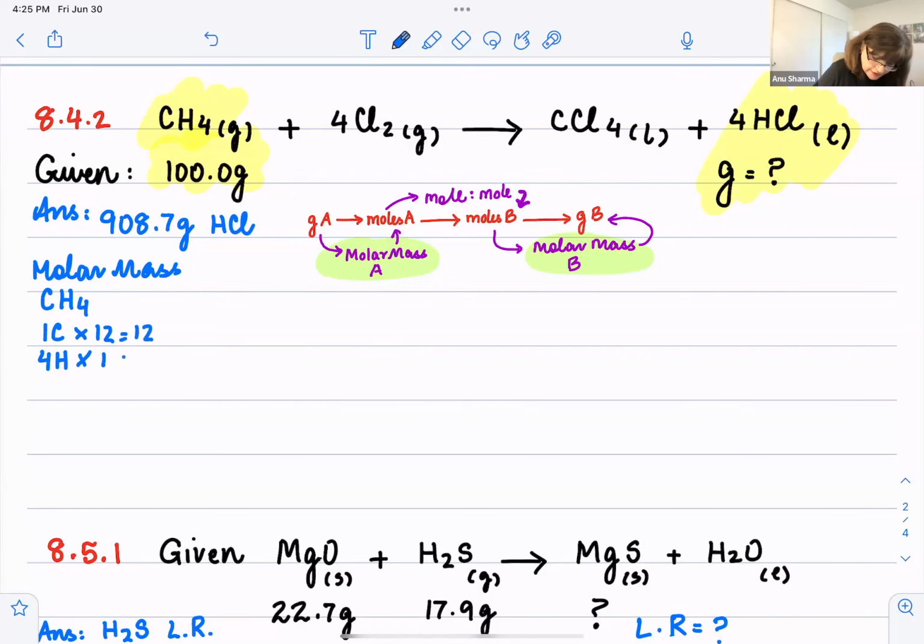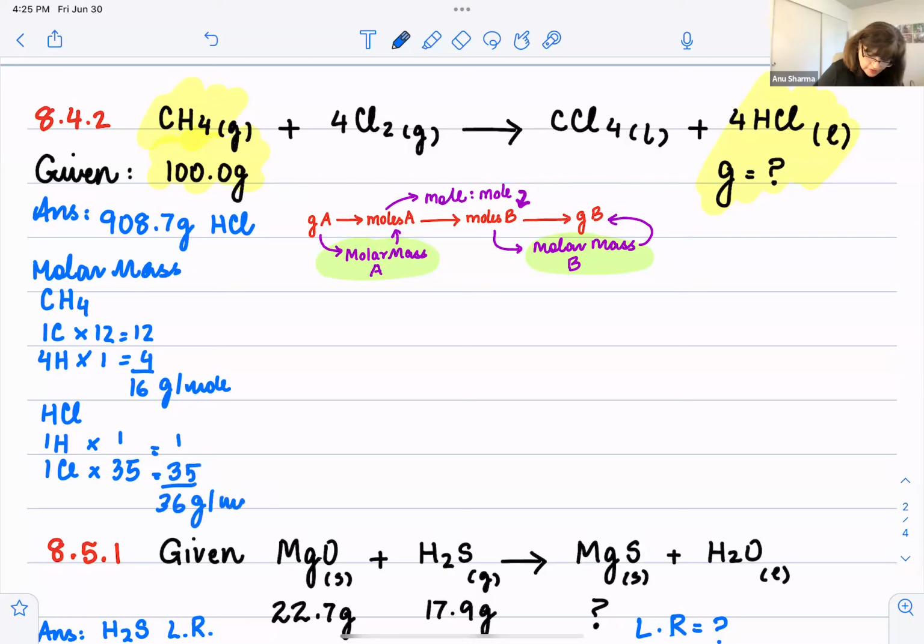So 12 and then 4, and this gives you 16 grams per mole. So that's for CH4. For HCl is 1 hydrogen and 1 chlorine, hydrogen is 1, chlorine is 35. So this becomes 1 plus 35 is equal to 36 grams per mole. Okay, so this is the molar mass of the two entities that are in question.